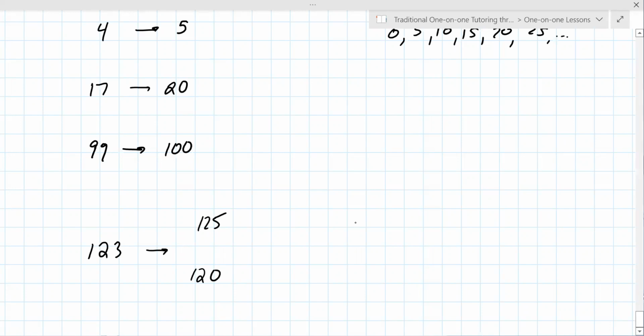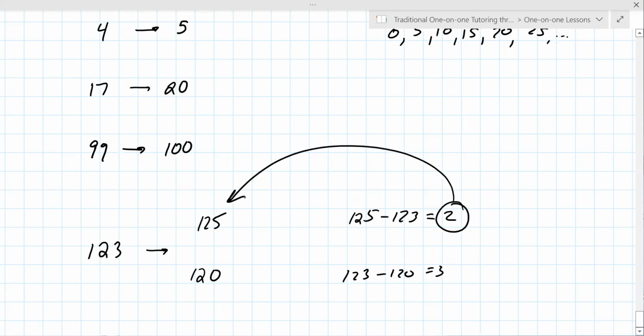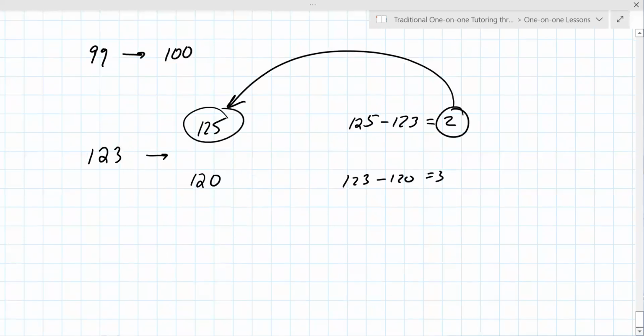So the way you do it is you take 125 and you subtract 123, or you take 123 and subtract 120. You take the bigger number and subtract your number, and then you take your number and subtract the smaller number. Which one is it closer to? 125. Yes.